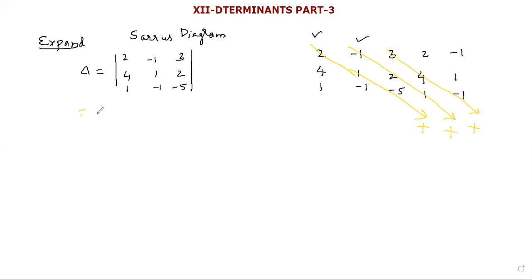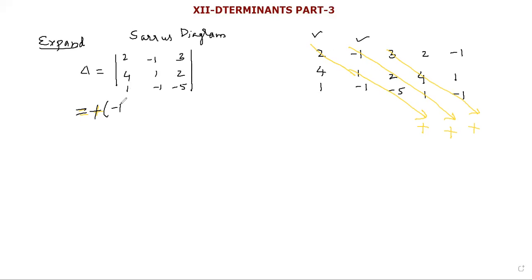How? Just see here on the left side. We will multiply 2 into 1 into minus 5. First, we will take plus sign outside, and then bracket, multiply 2 into 1 into minus 5. So 2 ones are 2, and with whatever sign is given, 2 into minus 5 is minus 10.